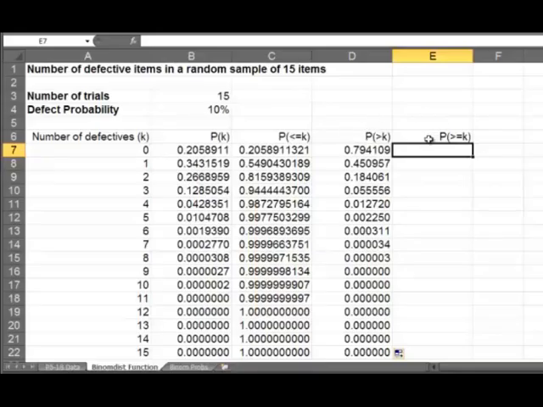Whereas in column E here, the probability of being greater than or equal to k, I do want the probability of k included in here, which means it cannot be in the part that I'm subtracting. Because I want the probability of being greater than k, and my binom dist only gives me probabilities less than or equal to k, I know I have to start with 1 minus something I can get from the binom dist.